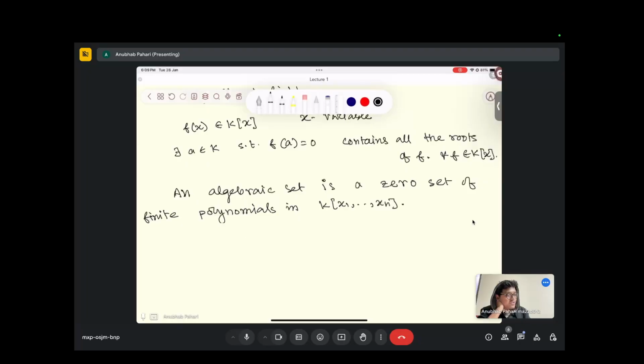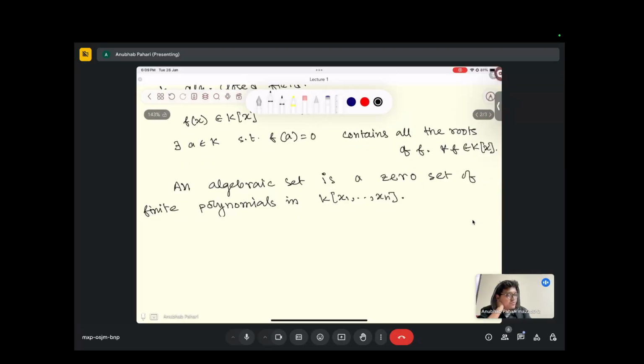Because if you know what a Noetherian ring is, then by the Hilbert basis theorem, K[x1, ..., xn] is a Noetherian ring, so every ideal is finitely generated.